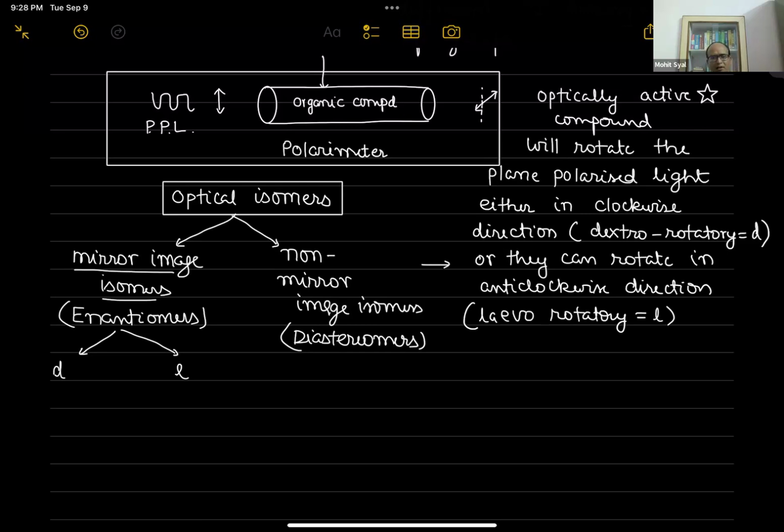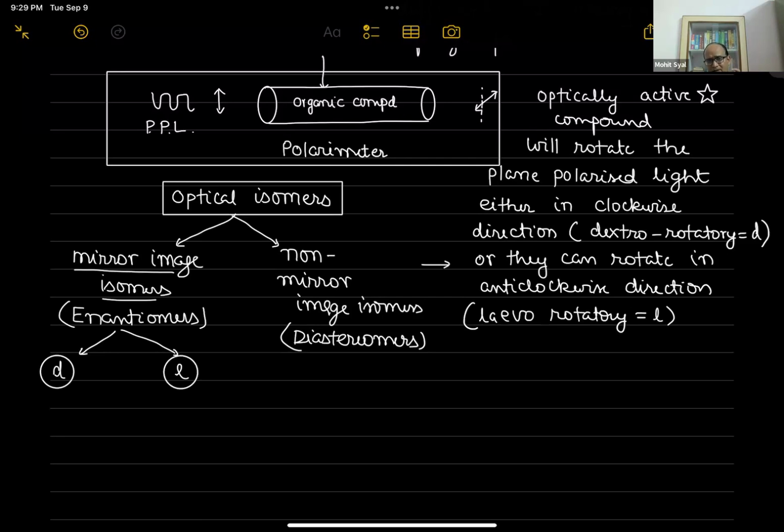Then the question arises: is it rotating the plane polarized light in the clockwise direction, or in the anti-clockwise direction? If clockwise, it is known as a dextrorotatory compound. If anti-clockwise, it is known as a levorotatory compound.